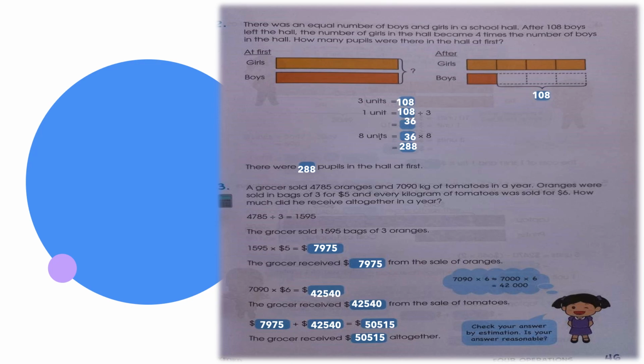So, if he sold 4785 oranges, then the total number of bags he sold will come after dividing this number by 3, which is 1595. So basically, the grocer sold 1595 bags of 3 oranges.